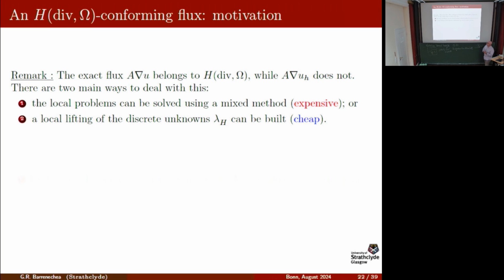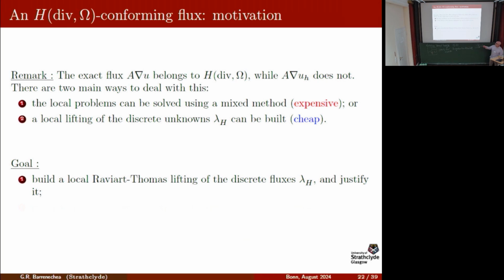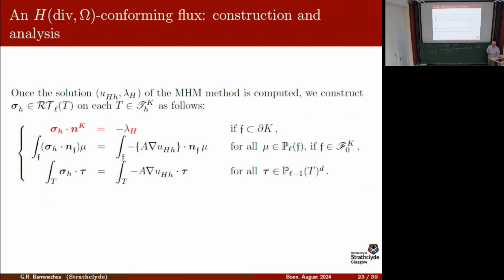So this is what we're going to do. We're going to build a Raviart-Thomas lifting. We will come up with a function that does belong to a Raviart-Thomas space on the submesh. And as an added bonus, for free, it will give us an a posteriori estimator. This is the way we do it. On the boundaries where we know the flux, we just lift those data.